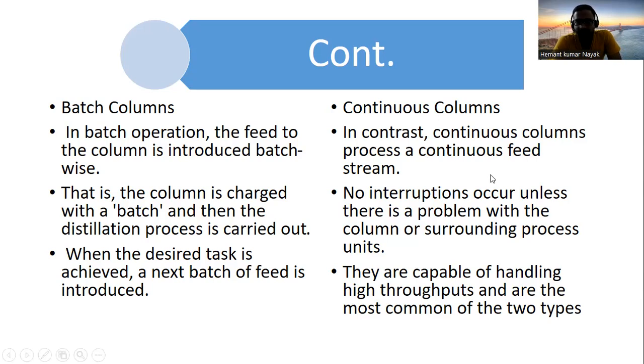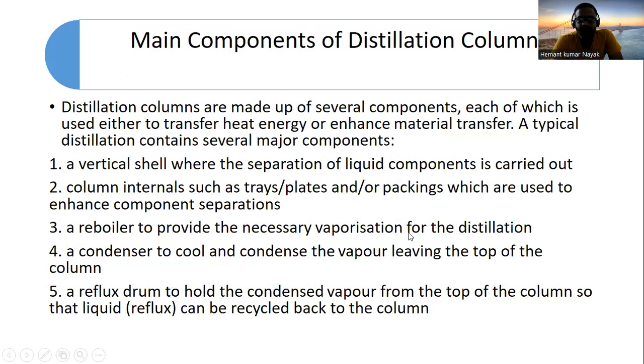No interruptions occur unless there is a problem with the column or the surrounding process unit. We run the process continuously, and no interruption will be there during the separation process. They are capable of handling high throughputs and are the most common of the two types.